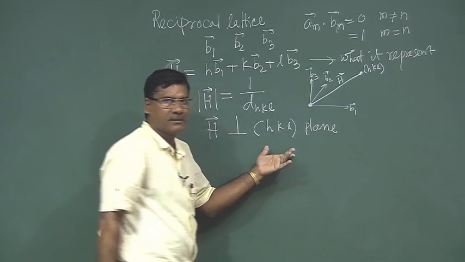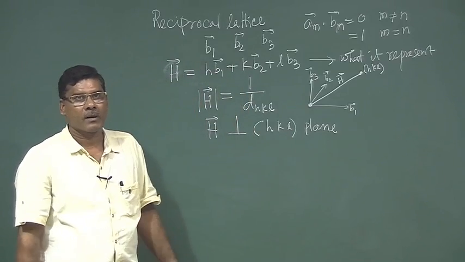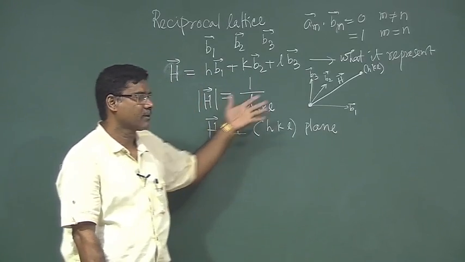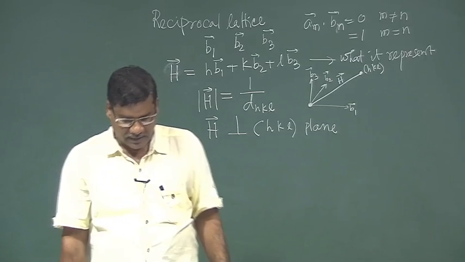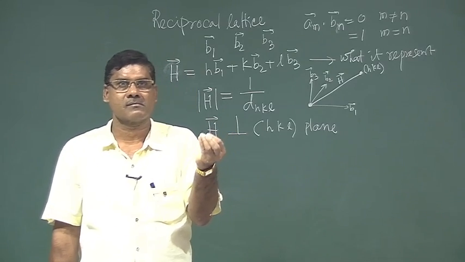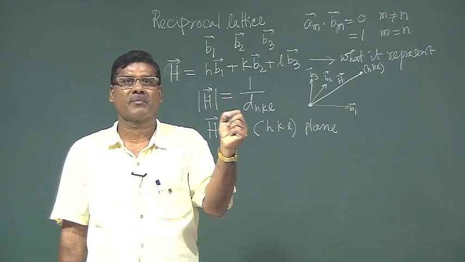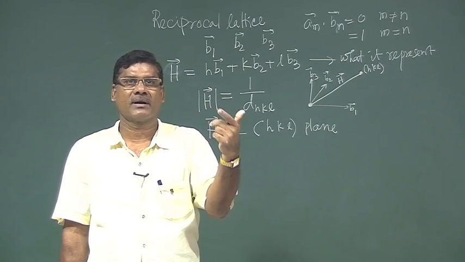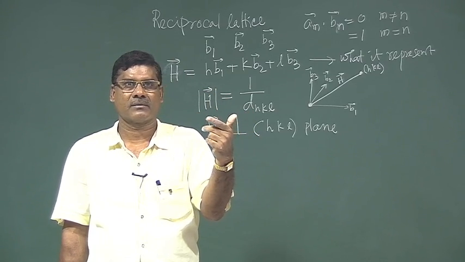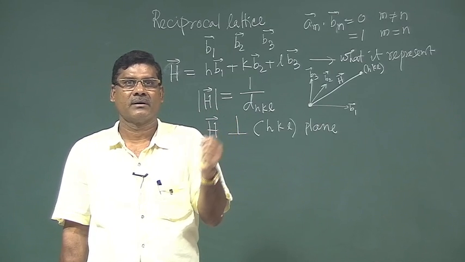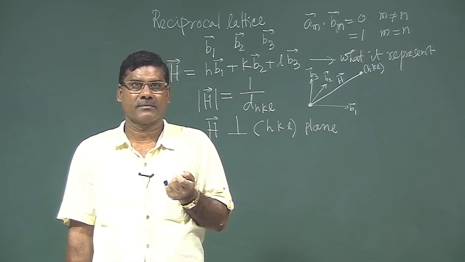It has to be perpendicular to the HKL plane, because that is what we have seen in the Laue spot, right. Each Laue spot is basically one plane. We are identifying or designating each point with the HKL value, right.